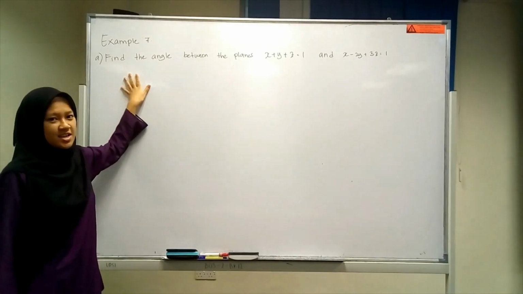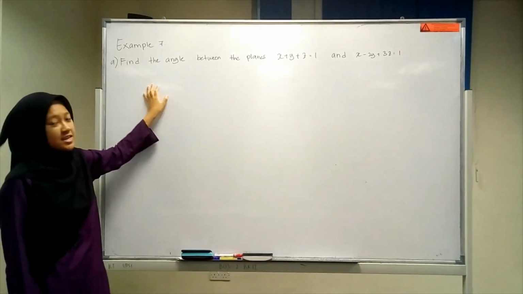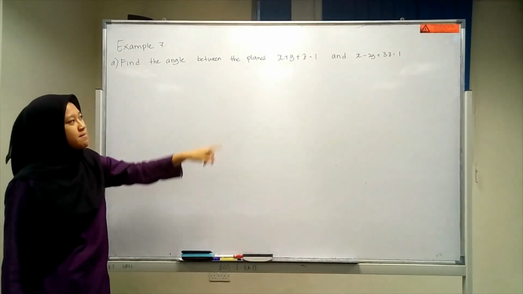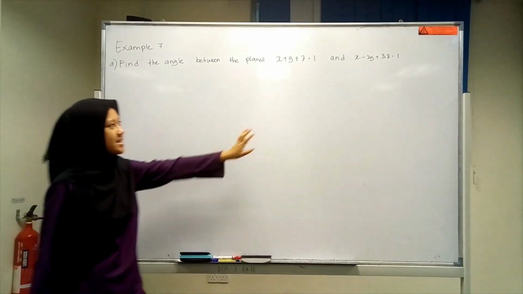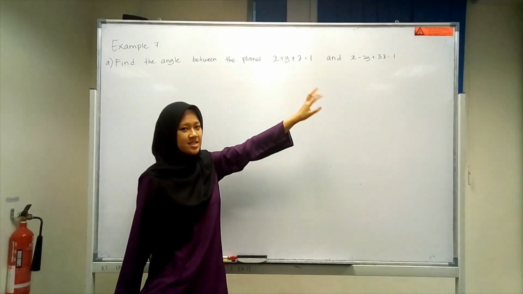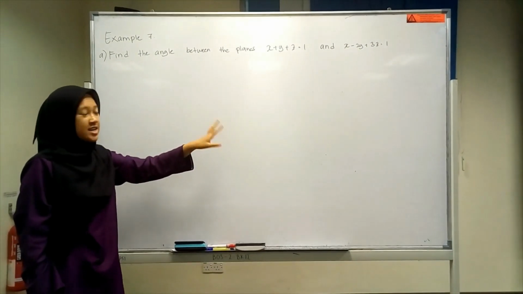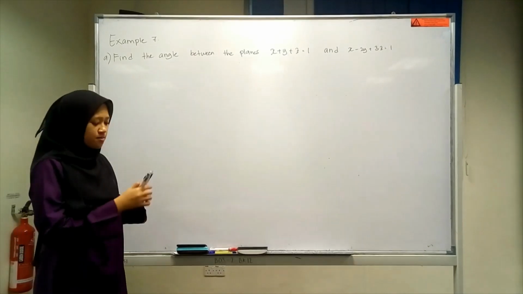Example 7. Okay, the first question: find the angle between the planes x plus y plus z equal to 1 and x minus 2y plus 3z equal to 1. From the two equations, the planes have two normal vectors.